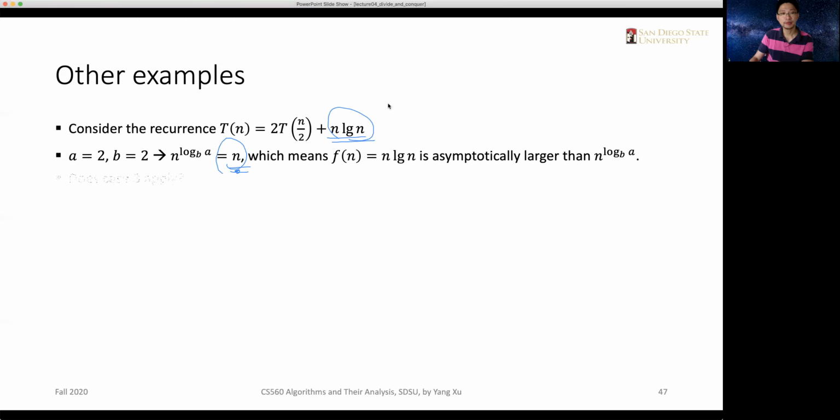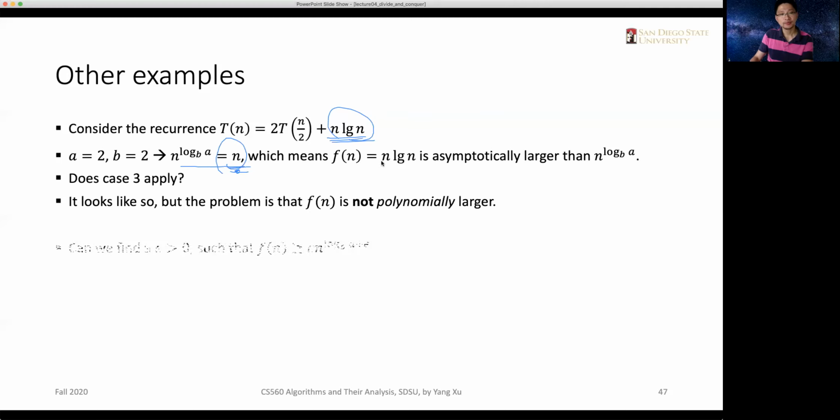But this upper bound, or let's say this lower bound, is not a polynomially significant or polynomially lower bound for the f of n.